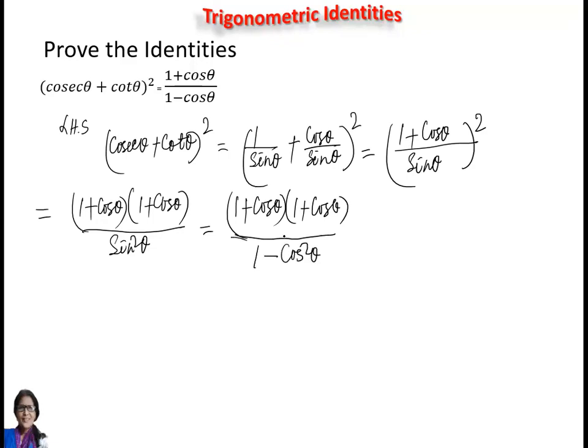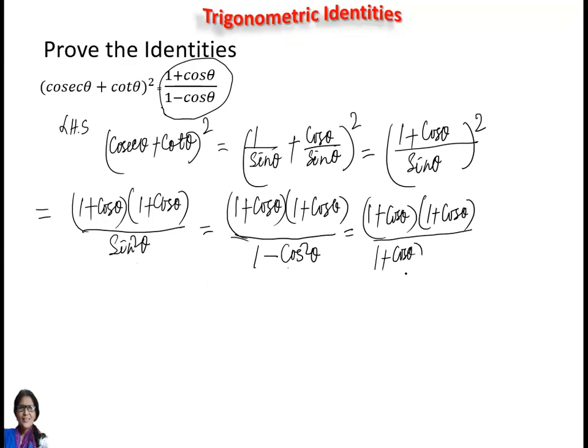I have already written the first question: sin square theta is equal to 1 minus cos square theta. Why? In the right hand side there is no sin, so I'll change. So 1 plus cos theta into 1 plus cos theta upon 1 plus cos theta into 1 minus cos theta.